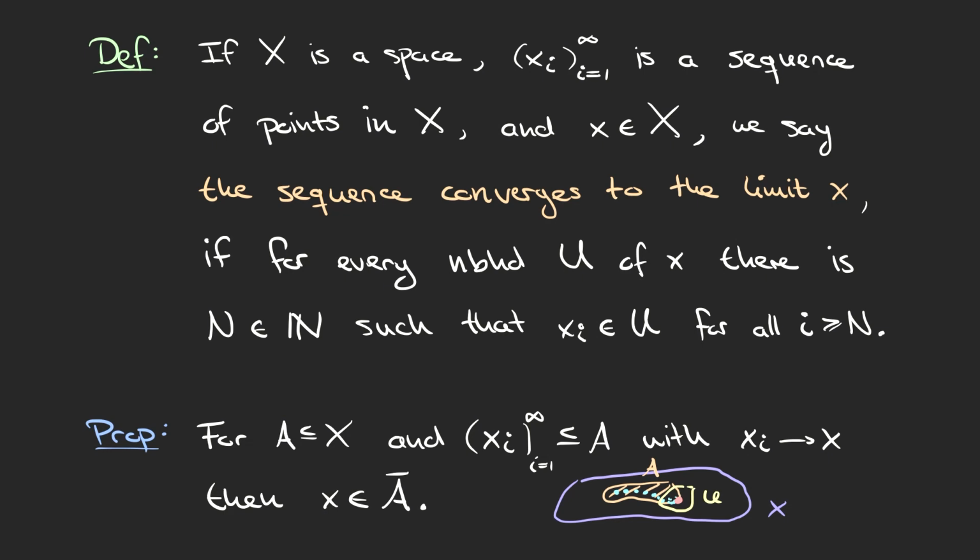In fact, we have infinitely many points of A that lie within the neighborhood, so we can just choose one. And because this holds for every neighborhood of the point x, because by the definition of convergence, we have this property for any neighborhood, it means that x is actually in the closure of A, and that proves the proposition.